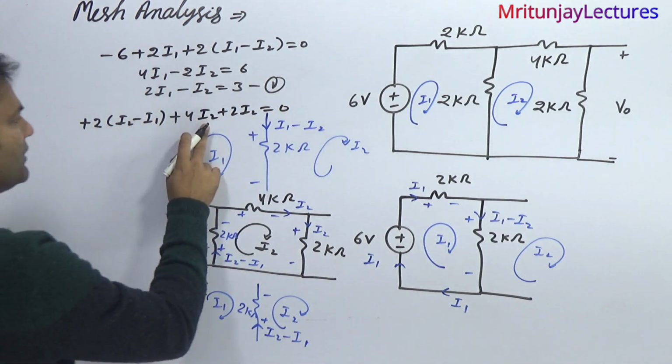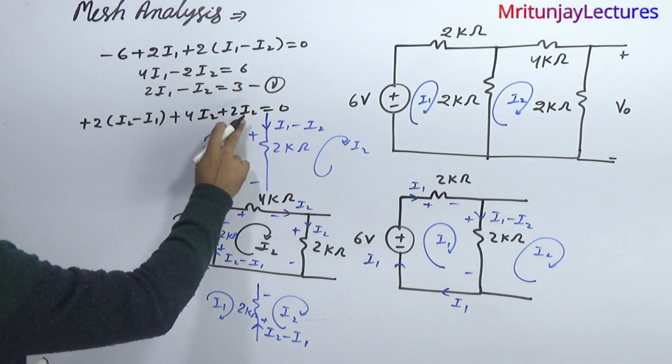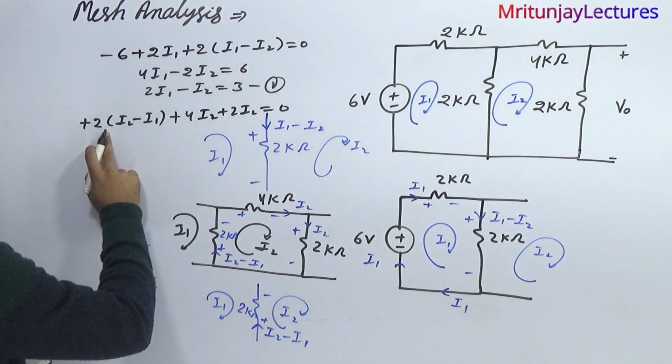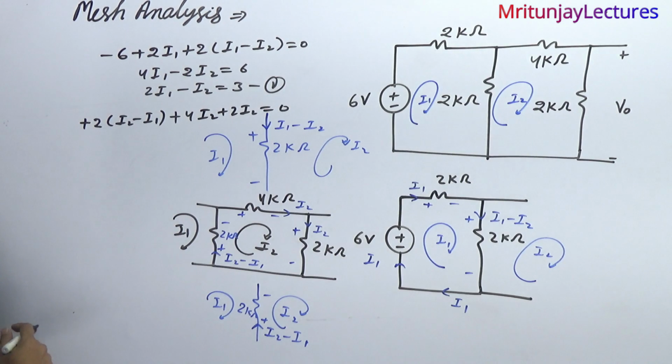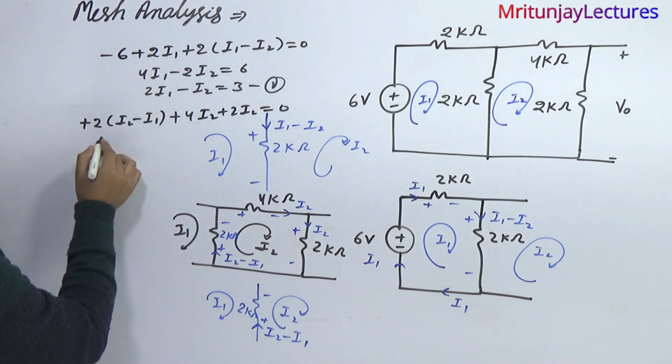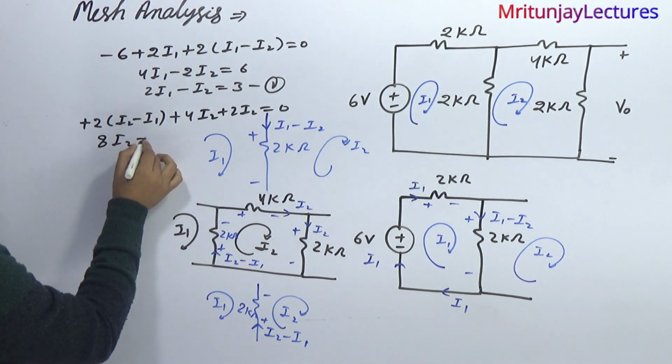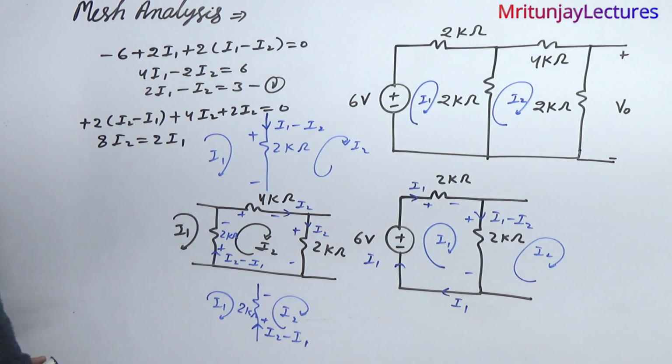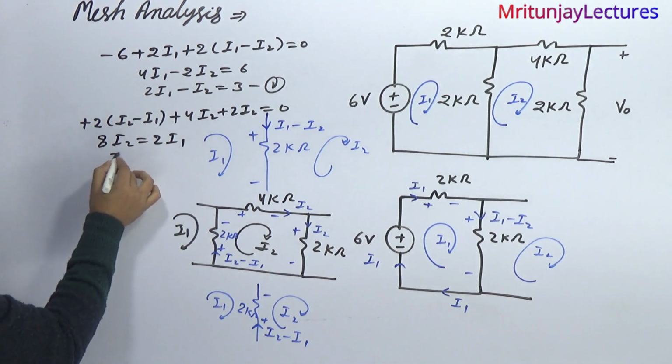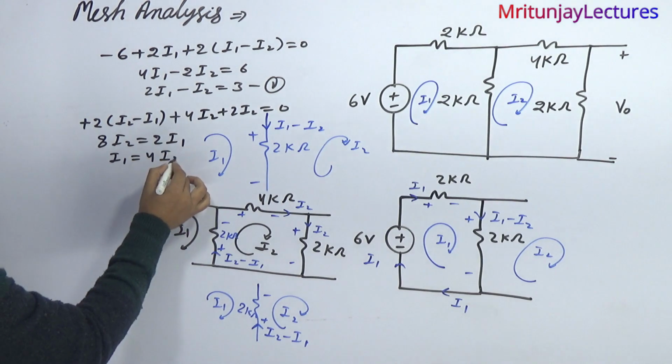Now I2 plus, that is 6 I2 and that is 2, 8 I2, this is equal to 2 I1. So I1 is equal to 4 times I2.